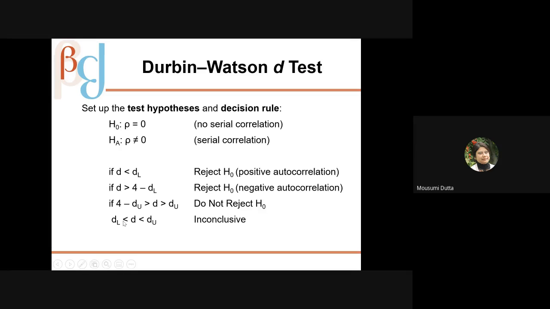If D lies between DL and DU, not crossing either of the two limits, in that case the test is inconclusive. This is a serious problem with the Durbin-Watson test. If D lies above DU or below DL, you will be able to conclude. However, if this pattern is followed, the test remains inconclusive.